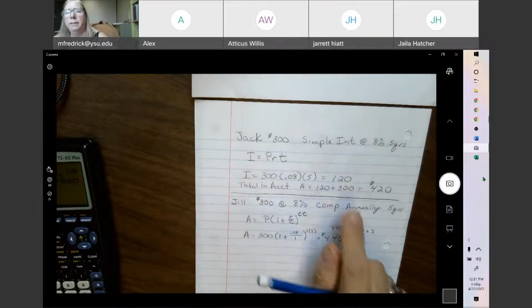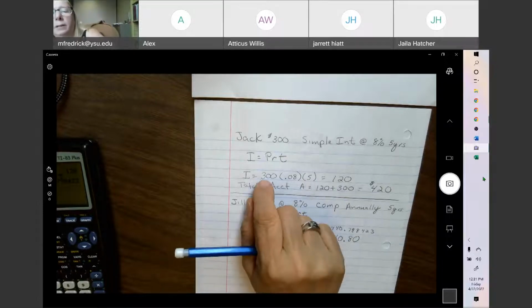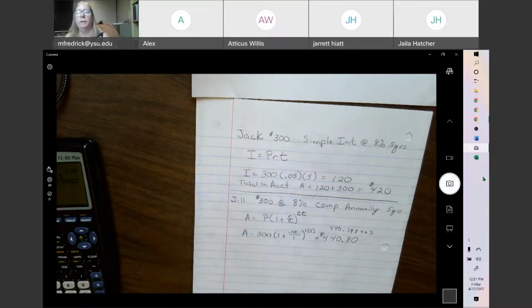Why are they not the same? Anyone? Simple interest. You make interest off of what you put in, and then you make that same amount each year.